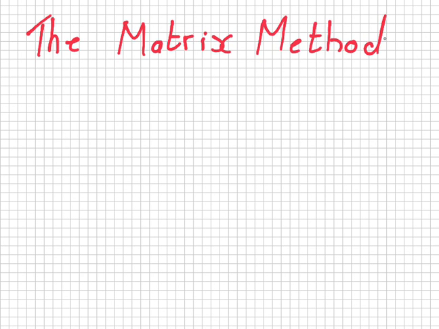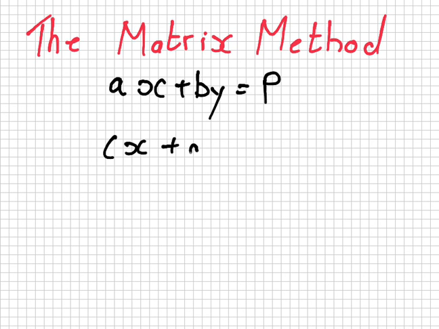So what we're going to look at is how to use matrices to solve our degree 2 problems. So we start off with ax plus by equals p, and then cx plus dy equals q.